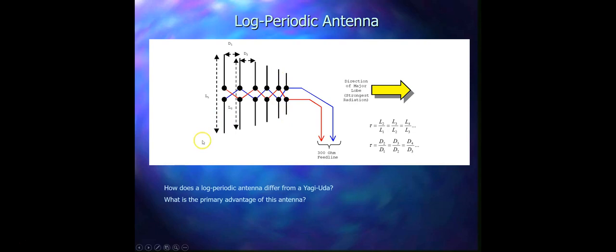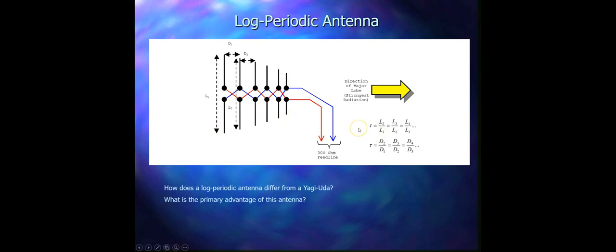This antenna covers a large bandwidth without frequency break, and the directionality in this antenna is obtained similar to the Yagi-Uda. Here you see this L1 reflector, and all the shorter elements act as director elements, and they have a ratio.